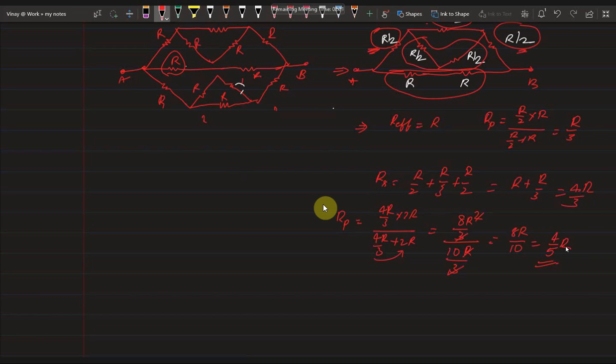If you still feel confusion regarding these problems, I will give you one more example. Directly, you can apply the folding method for this.